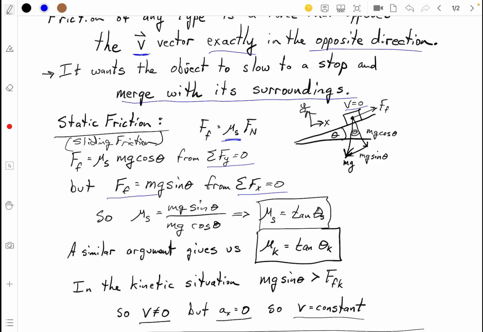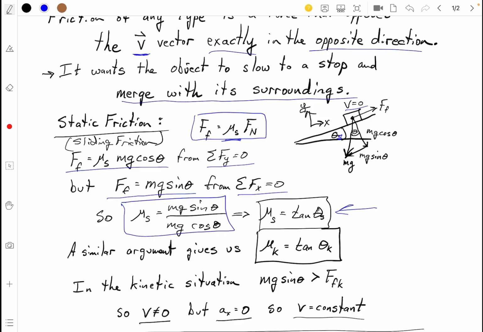So that gives us this and this, and then we can use this equation to replicate this equation, and thereby, we have mu static is equal to the tangent of our theta static, okay? And since we're static here, I can throw a little s on there, and that's our theta static.